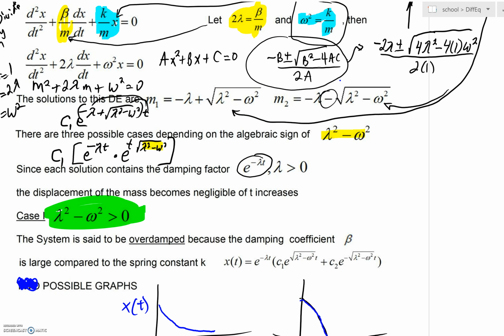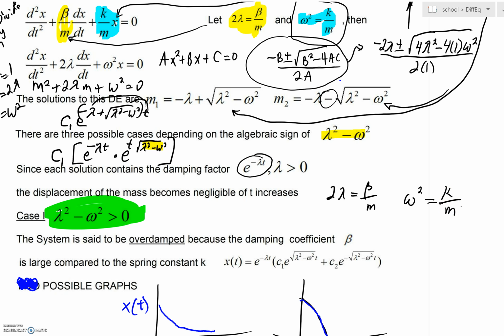Let's deal with the first case. This lambda squared minus omega squared is positive. Remember where lambda is coming from. I'm going to just recopy for a moment that 2 lambda was beta all over the mass. And remember where omega squared is coming from. Omega squared is k over m.